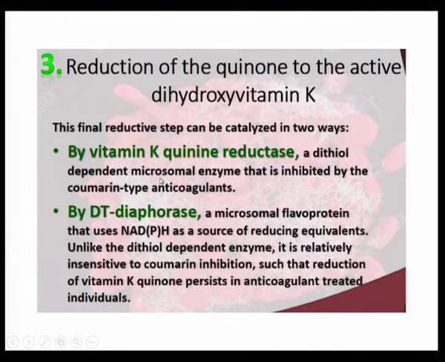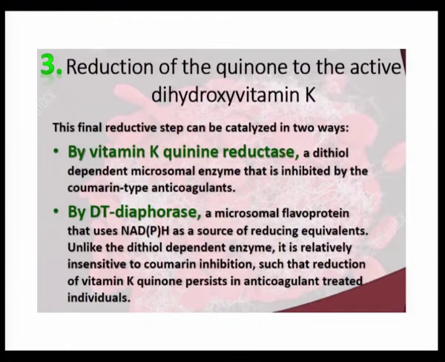As we have seen, they act not only on epoxide reductase, but also on quinone reductase. So this is one more step. And then you have one more enzyme, DT-diaphorase. This is also a microsomal flavoprotein that uses NADPH as a source of reducing equivalents.